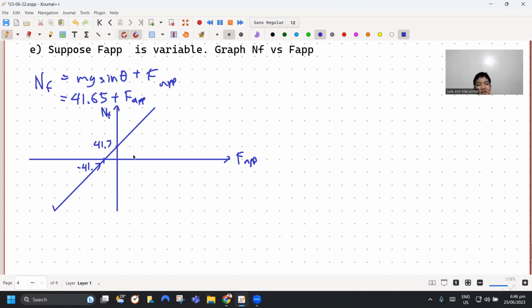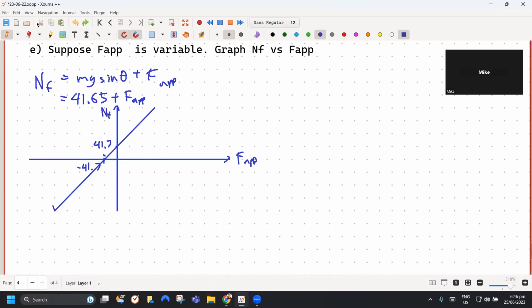On your free body diagram. Nag-zero yung normal force dito sa 41.7. When F applied is 0, normal force is 41.7. When F applied is negative 41.7, normal force becomes 0, di ba?